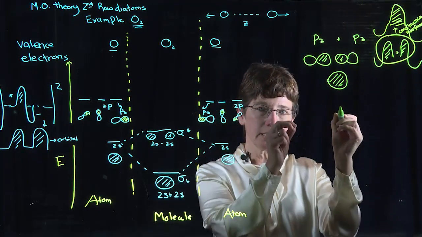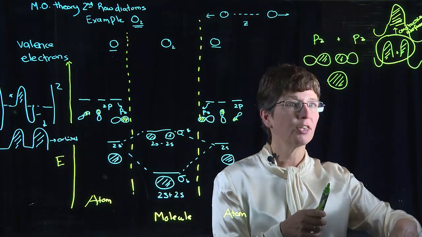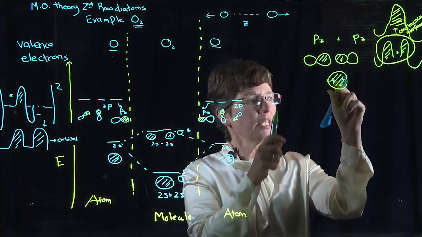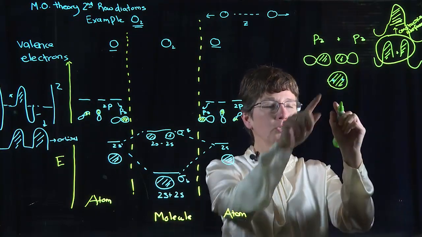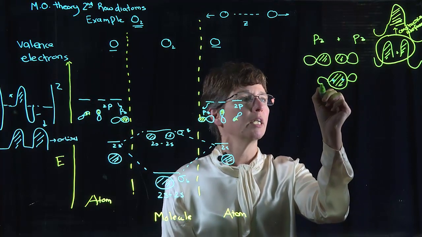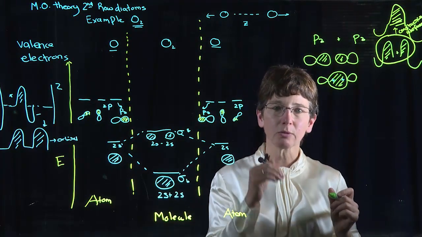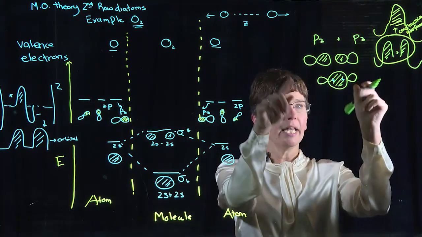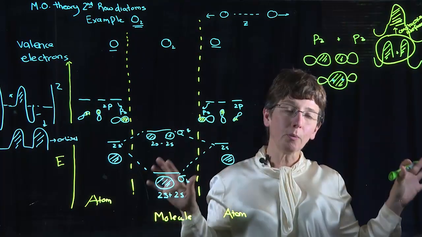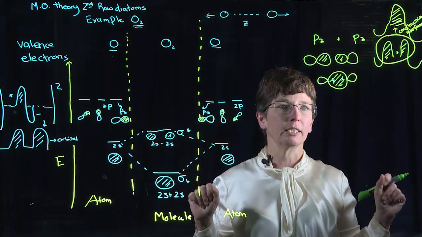lot of electron density in the middle. And again, if you think back to what we've been saying for a couple of weeks, this is the region between the two nuclei, and so it will be stabilizing for electrons to be in that region. And then we have these other two smaller lobes that point away from the region of electron density.